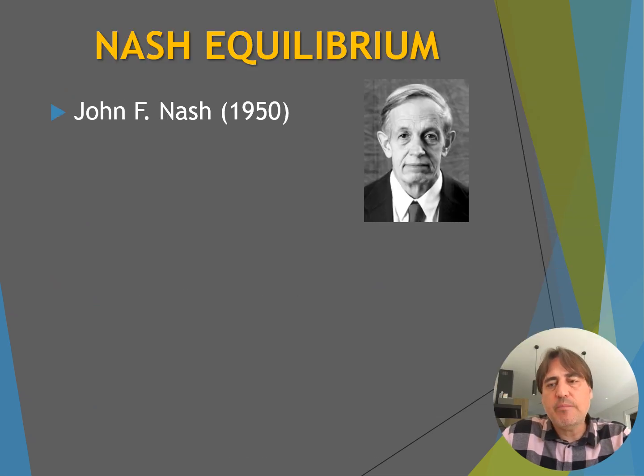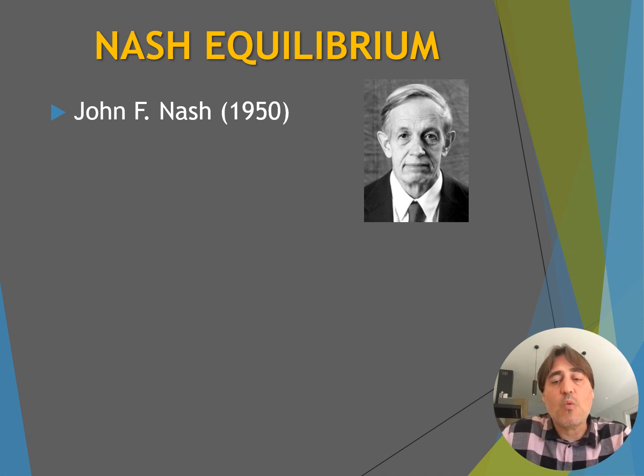As we have seen in previous videos, when the elimination of strictly dominated strategies doesn't help us find the solution to a game, either because there are no dominated strategies or because they are not enough to reach a solution, we need other ways to predict the outcome or solution of any strategic game. One possibility for predicting players' behavior, applicable whenever a game is static and with complete information, is Nash equilibrium.